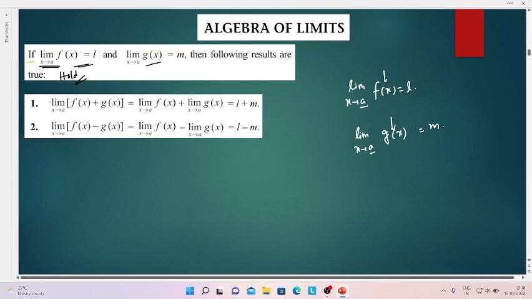One is limit x tending to a of f(x) plus g(x), I mean the sum of the given two functions, at limit x tending to a is equal to limit x tending to a f(x) plus limit x tending to a g(x), and we know limit x tending to a f(x) value is L and limit x tending to a g(x) value is m.